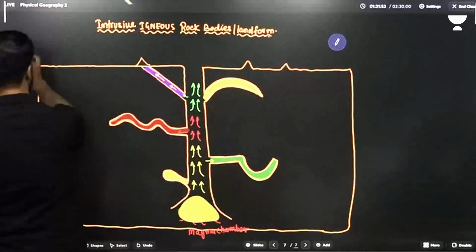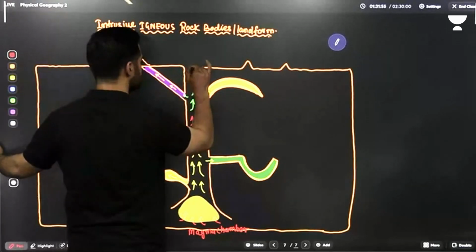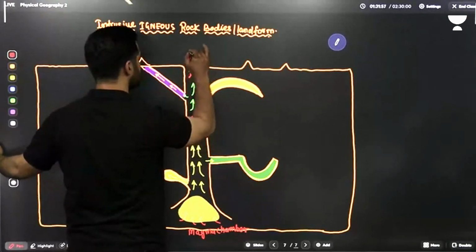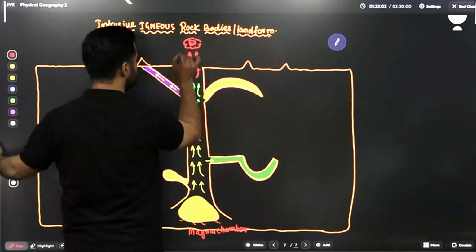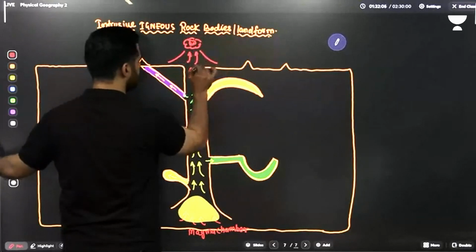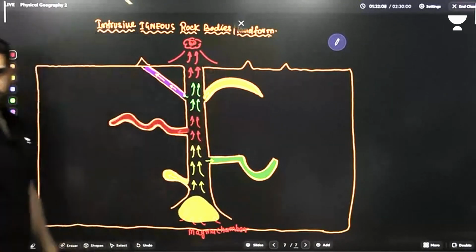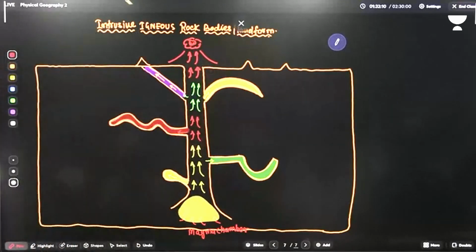And the remaining part, without any interruption, will come out. And here will be called as volcano. And then it can travel there, solidify, either make volcanic cones and volcanic domes. Am I clear with this?